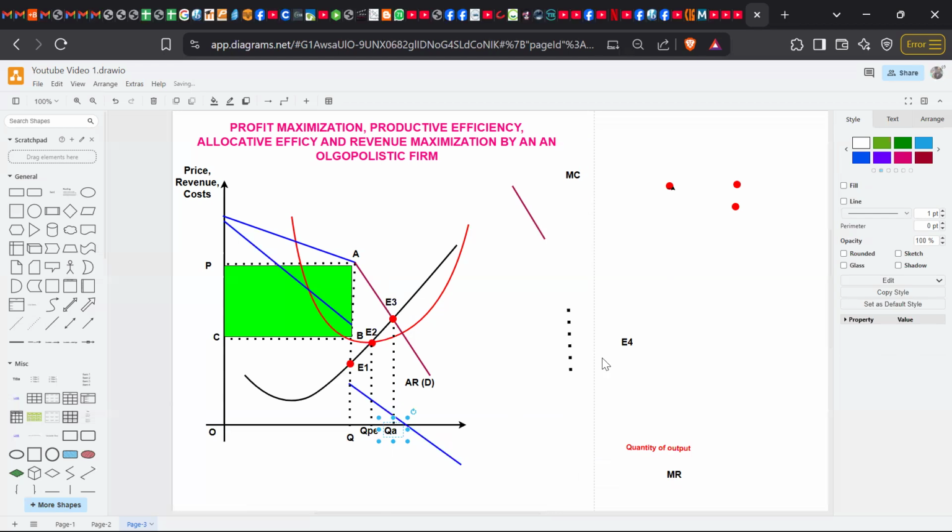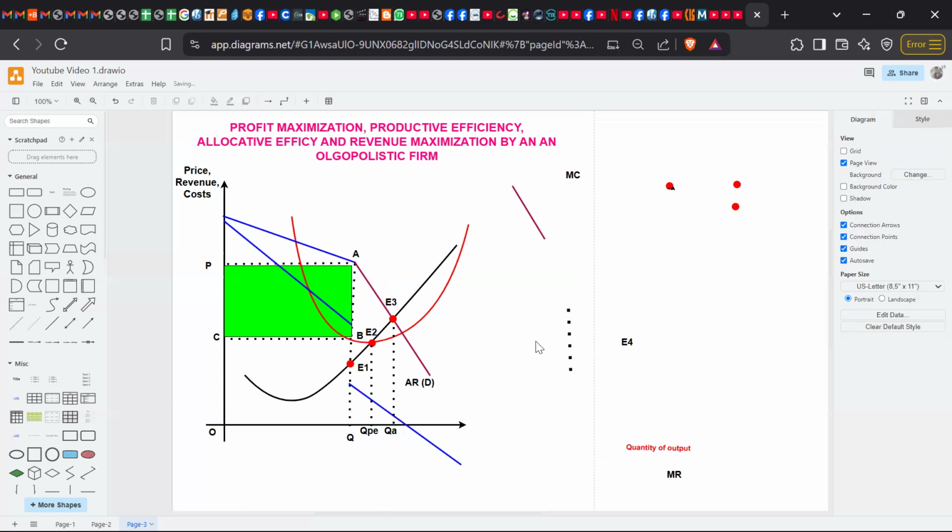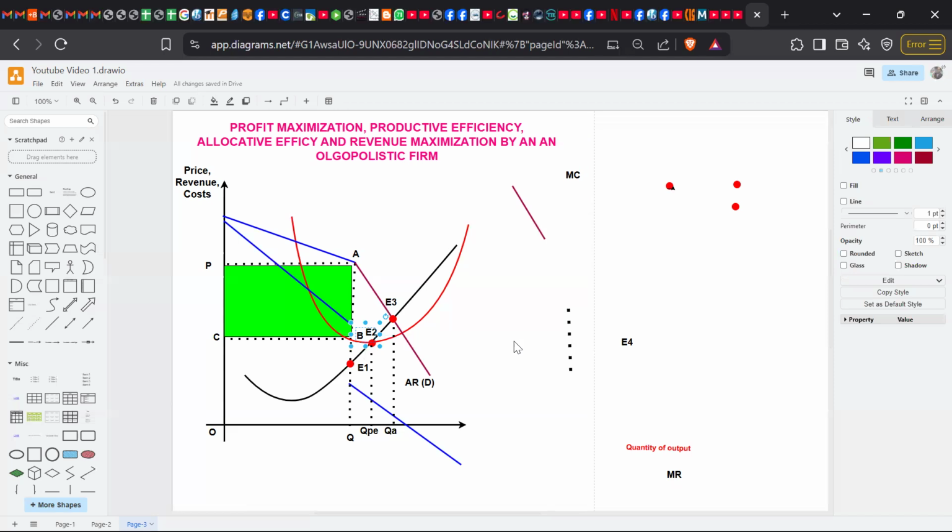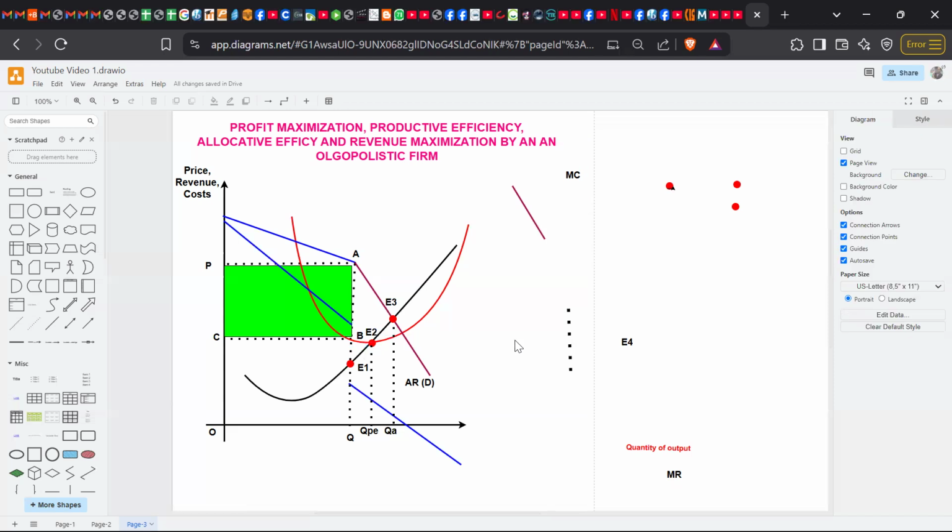Okay. But if the firm is producing at allocative efficiency at point E3, which indirectly means that the firm allows the consumers to maximize their consumer surplus, because here the demand curve equals the supply curve, and marginal cost is the supply curve.